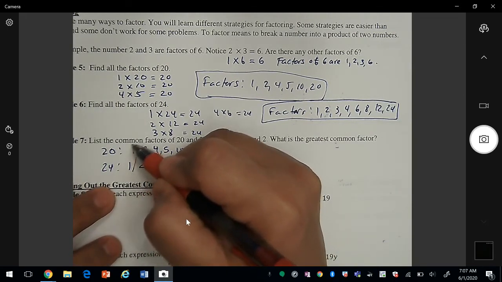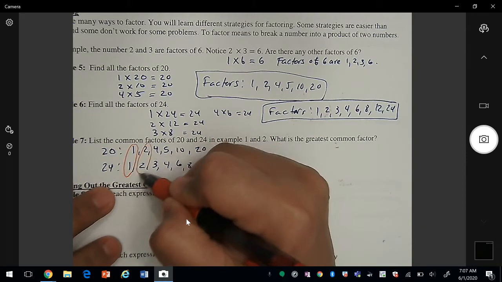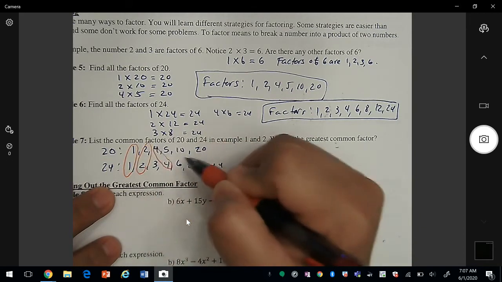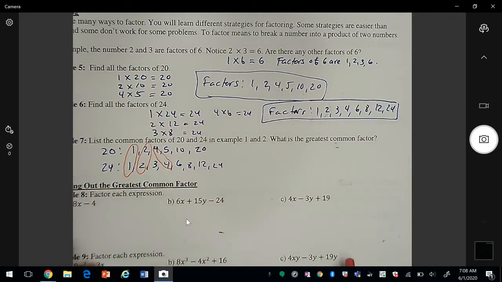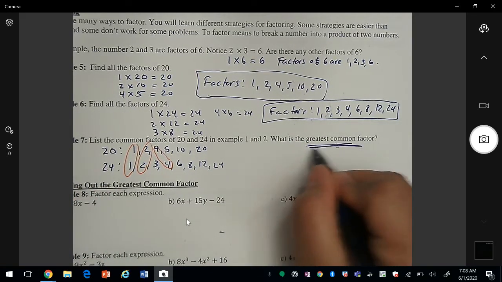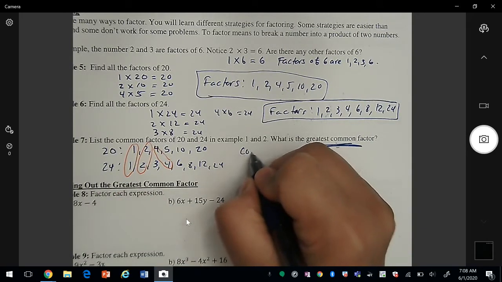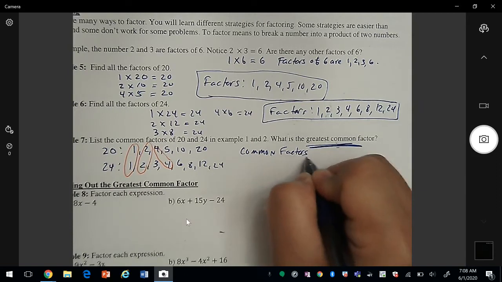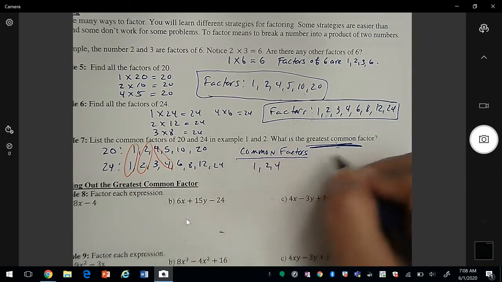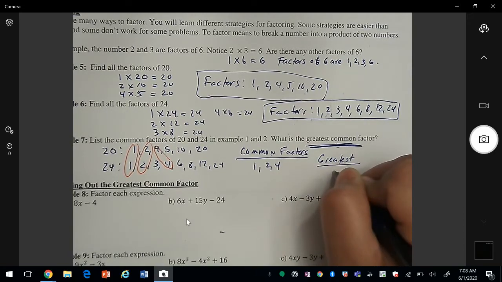So 1 is in common, 2, 4, and that's it. So 1, 2, and 4 are common factors, but the greatest of the common factors is going to be 4.